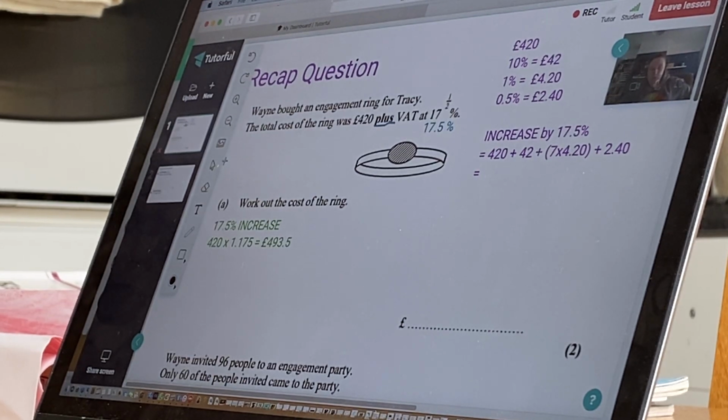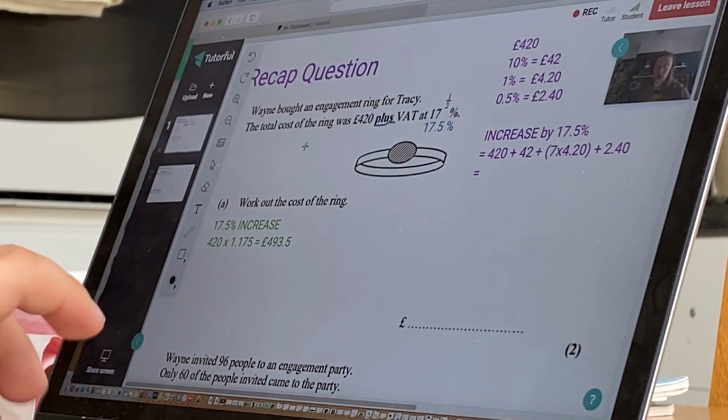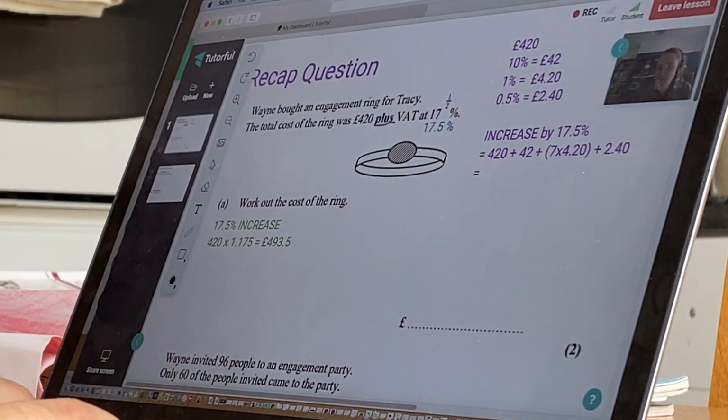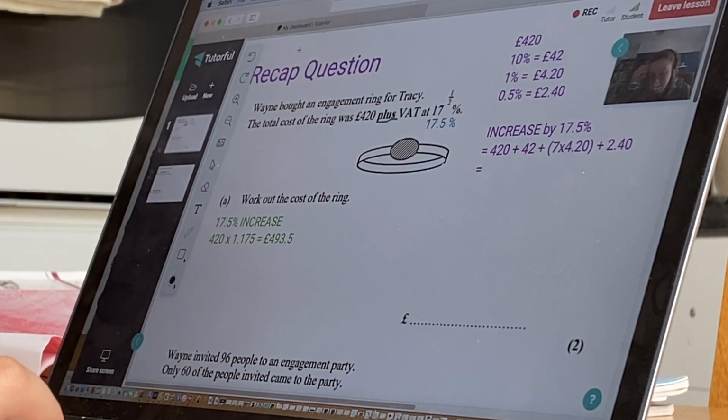Which way did you find it? The percentage change one? Yeah, this is percentage increase.